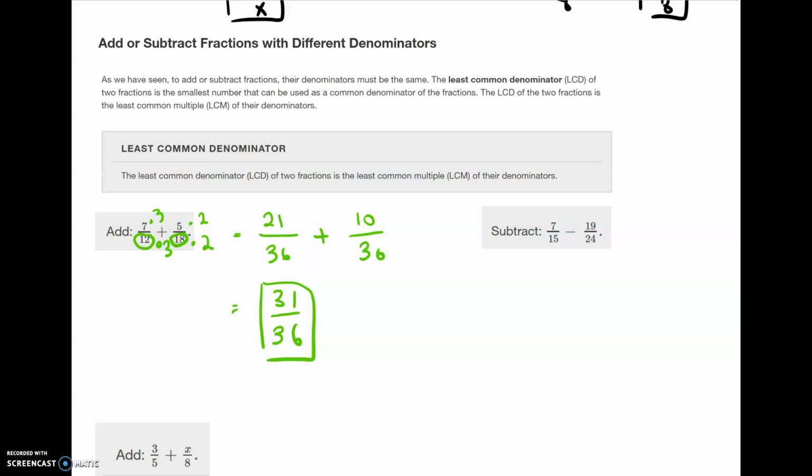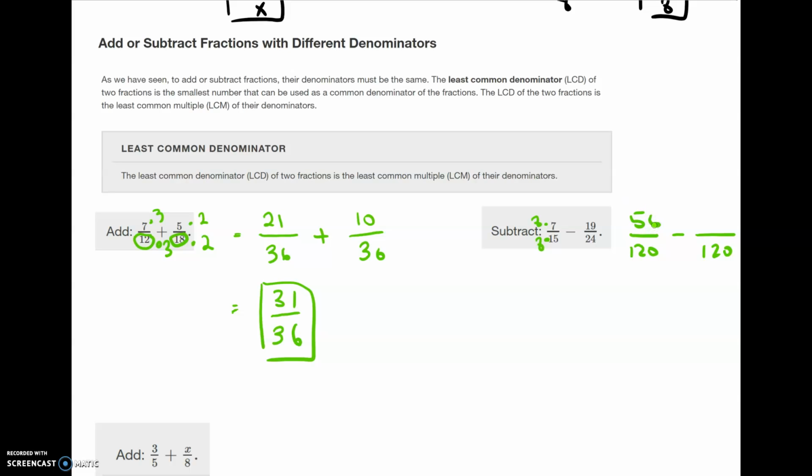Next example is when we're doing subtraction. Again, nothing's really changed. I still need to find the least common denominator. And since 15 and 24 are not the same, I need to find the least common denominator, which happens to be 120. So 120 minus, and then my other denominator is 120. The way I get that is by multiplying 15 by 8. So I need to multiply 7 by 8, which is 56.